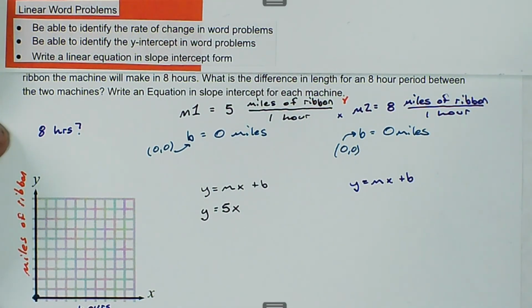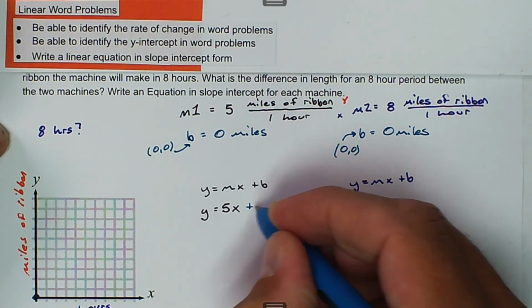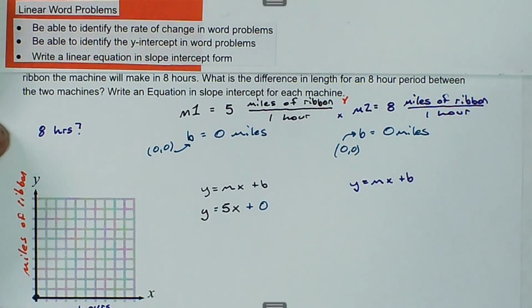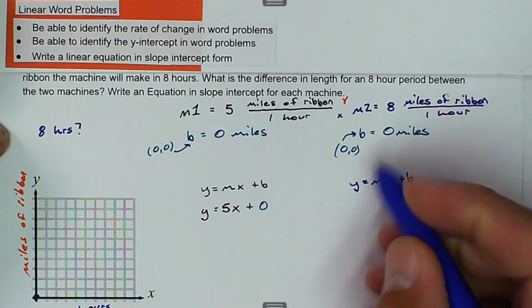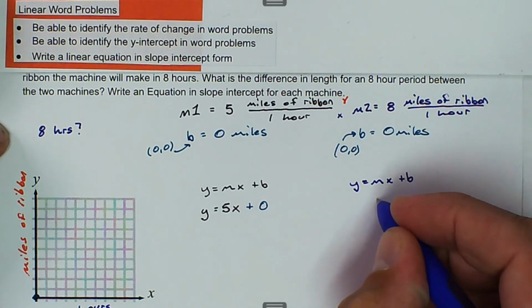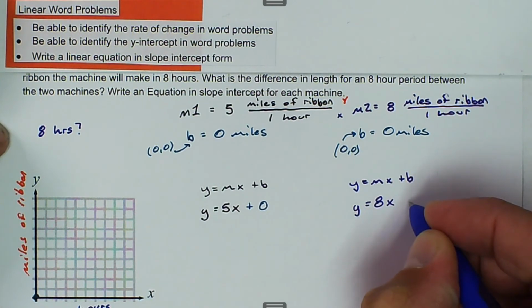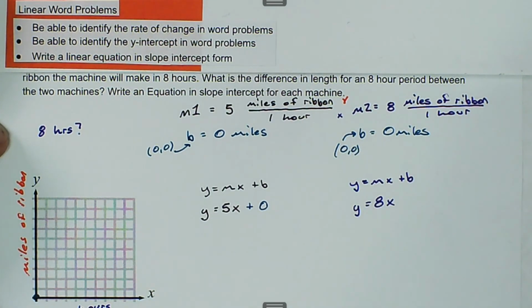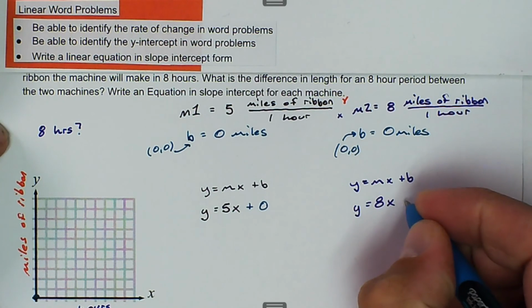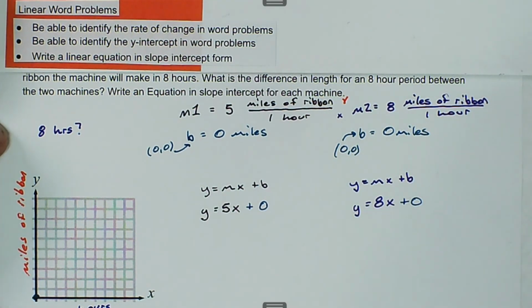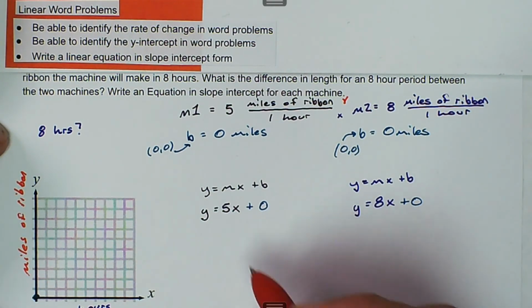We leave those as variables. And then we can add our b value, which is 0. And we have the same thing here. Our slope is 8. X and y remain in the equation, and our y-intercept ends up being 0. So in this case, we can just drop the 0 off because adding 0 doesn't change it.